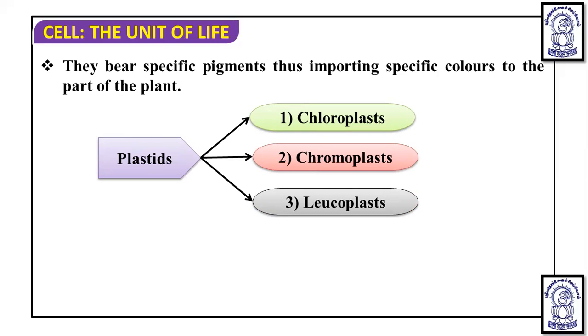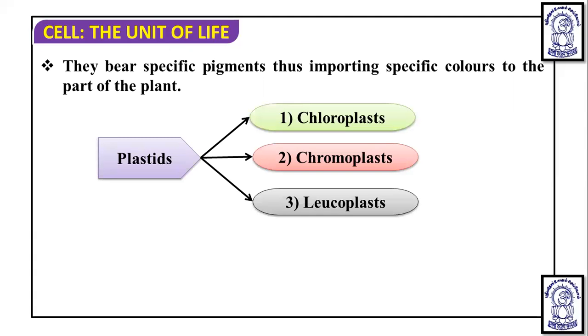First, we are going to discuss some points regarding these pigments. Then we will discuss them in detail. Dear students, plastids are found in all plant cells and euglenoids. They are large in size, unlike the mitochondria we have studied, which are smaller.